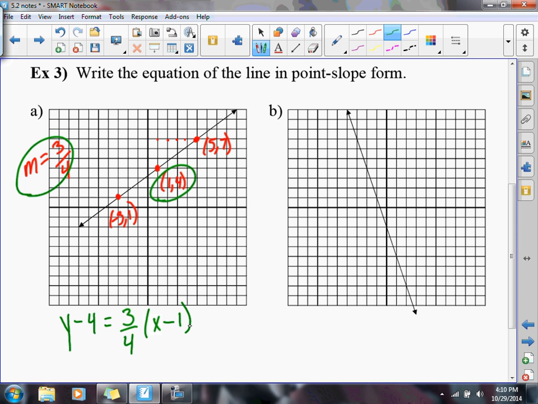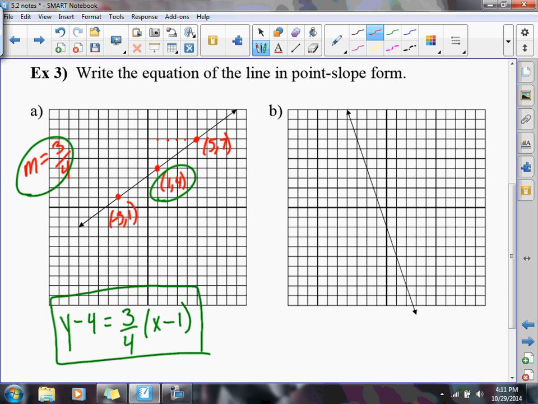Here we go. I wrote the equation of the line in point-slope form. That's all I had to do. I don't have to solve it for y and get it in slope-intercept form. I can just stop right there. So this type of problem is really just making sure you can pull the information off of the graph.